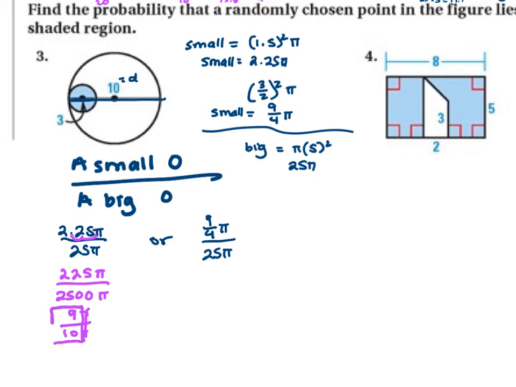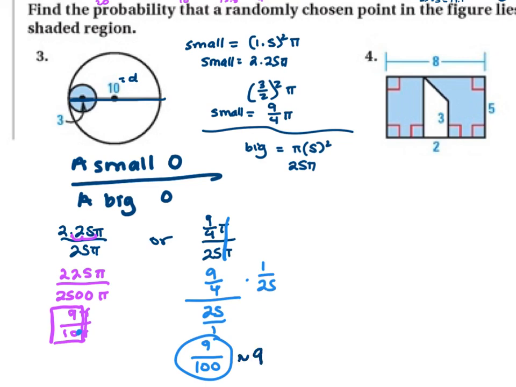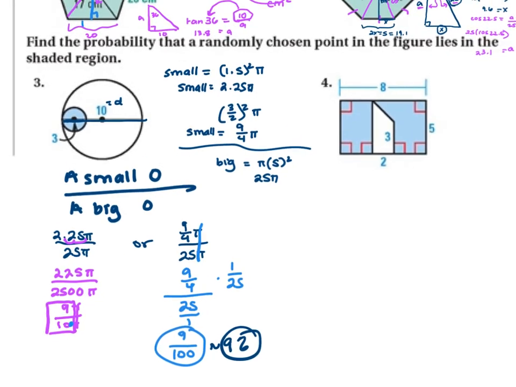And then here, first of all, the pi's cancel, 9 over 4 over 25, which would be over 1, and then keep, change, flip. And I'd get 9 over 100. So either way, 9 over 100, or 9% if it asks for it in percent.